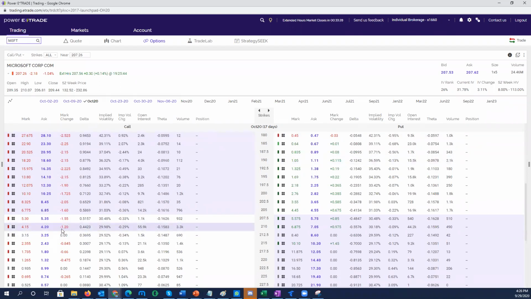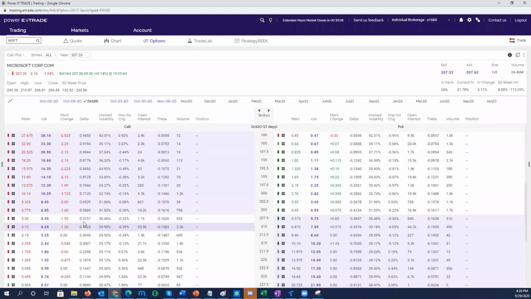If you are going to buy the 210, how much are you going to pay? 4.2. 4.2 times 100, 420 you are going to pay. If you buy 10 contracts, you are going to pay 4,200. Now, what is the delta for this? 44. Delta for this is 44.